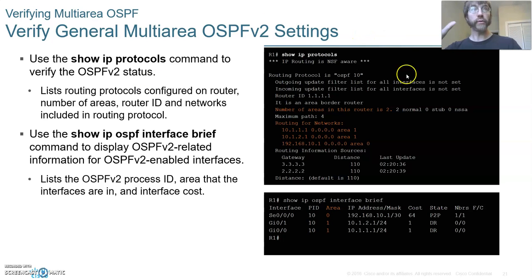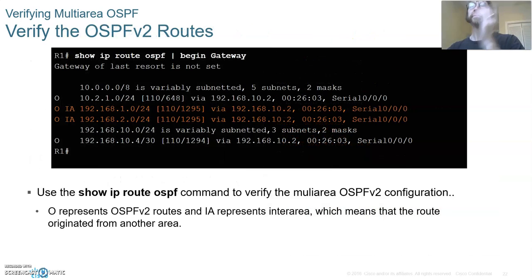So let's look at the routing table. So show ip route ospf | begin gateway. Sorry about that. This is one of those things you can do with v4, but not with v6. Like I said, nearly everything you can do with show ip route you can do with v6.